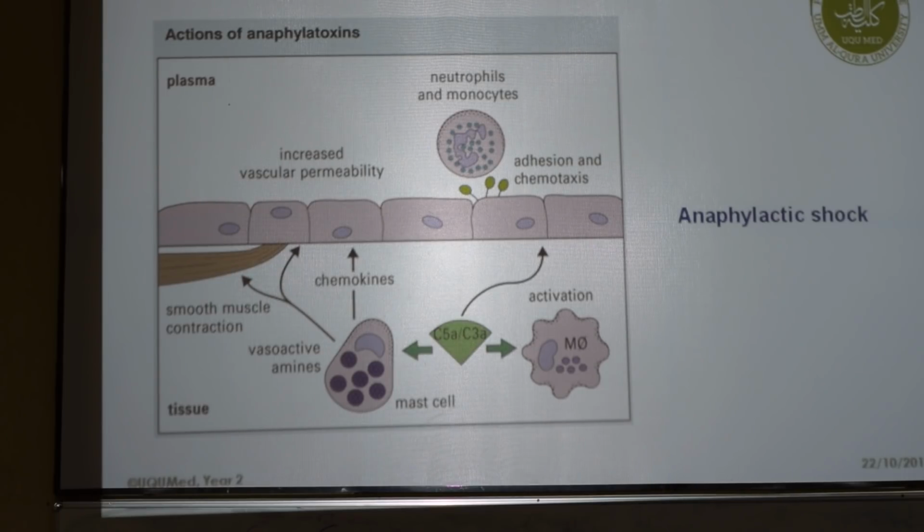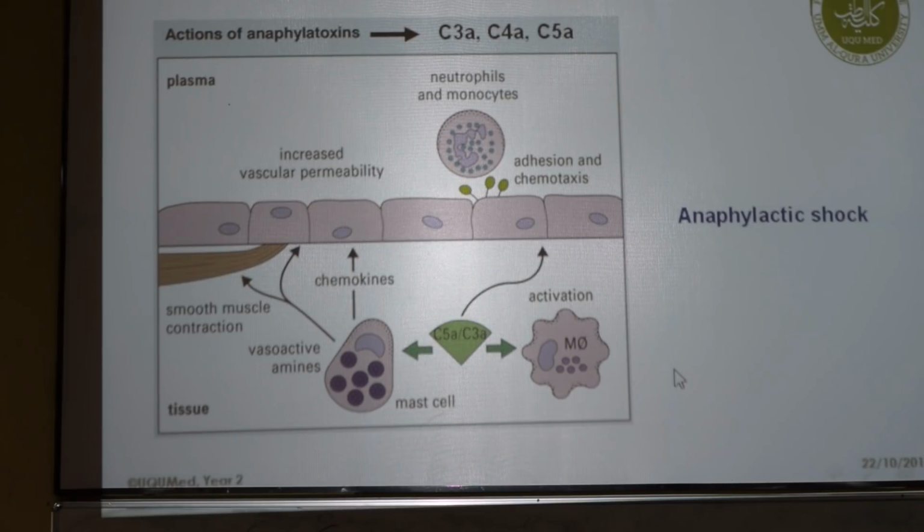There will be increased permeability of the blood vessels, increased permeability of the epithelium, bronchoconstriction, smooth muscle constriction, and vascular dilatation. All these features of anaphylaxis are also produced by anaphylatoxins C3a, C4a and C5a. You can see in this figure that C3a, C4a, C5a increase the permeability of the epithelium.